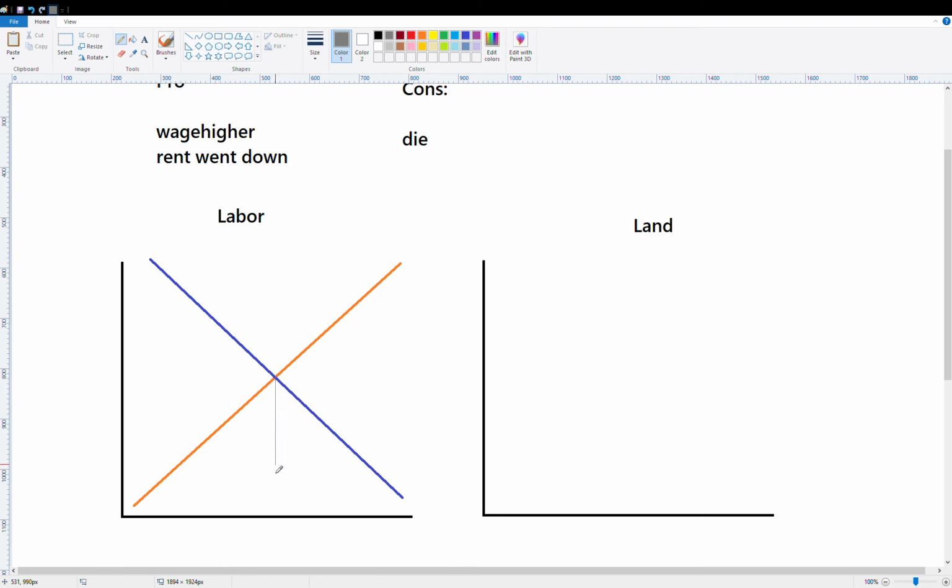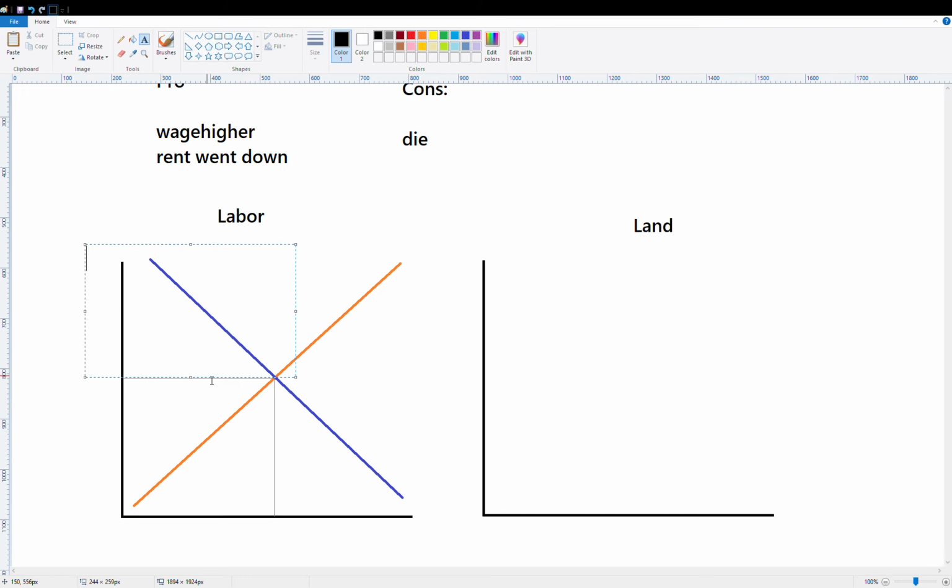So this is the normal equilibrium point. Over here you have the wage and the quantity. Basically, since people died, the supply curve went left because the amount of people reduced.